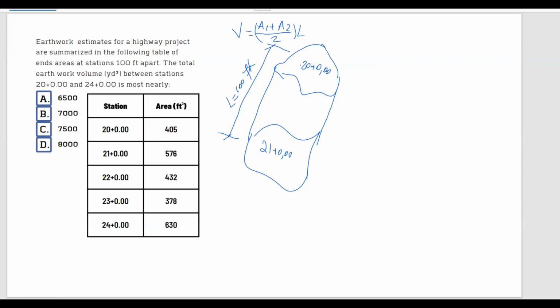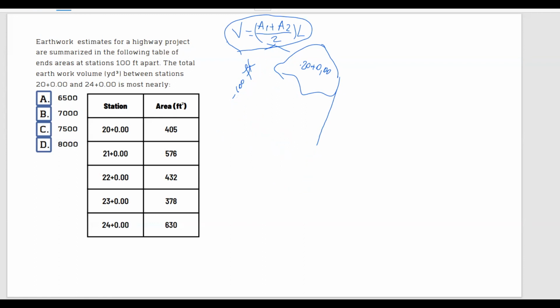In order to calculate this volume between these two stations, you use this formula. So this is what we're going to do today. Let me first delete this, because I need this space. I would like to use this table in order to make this easier.